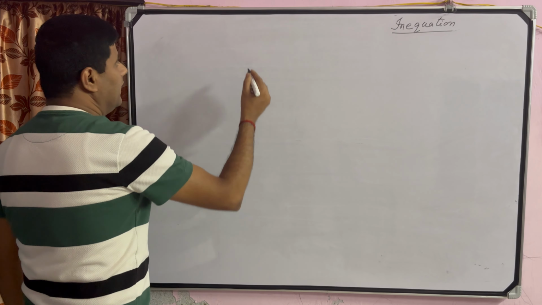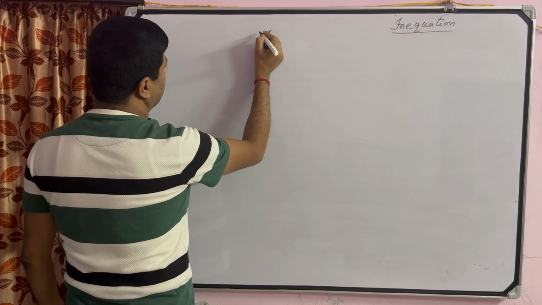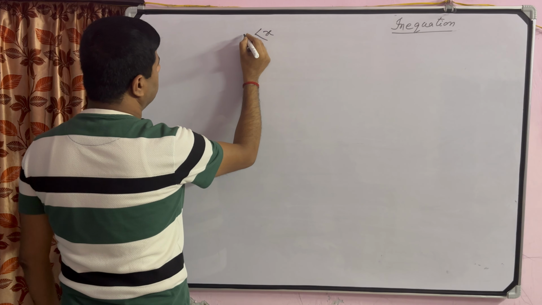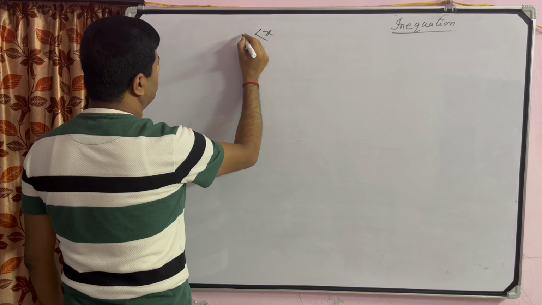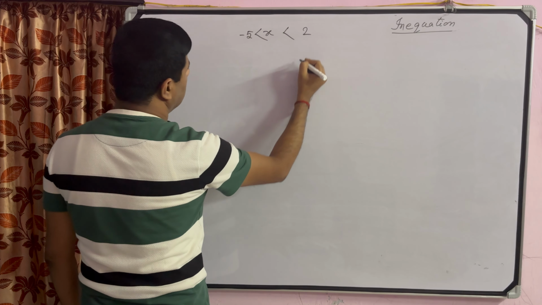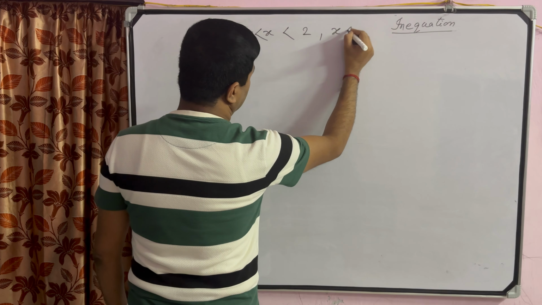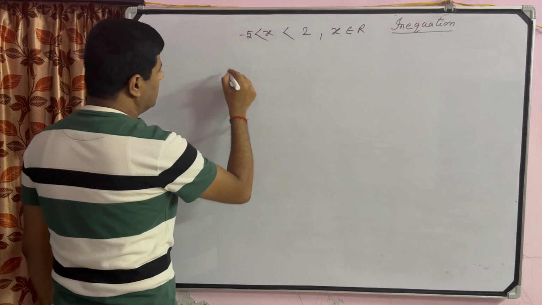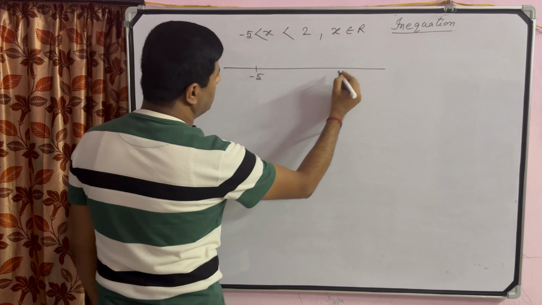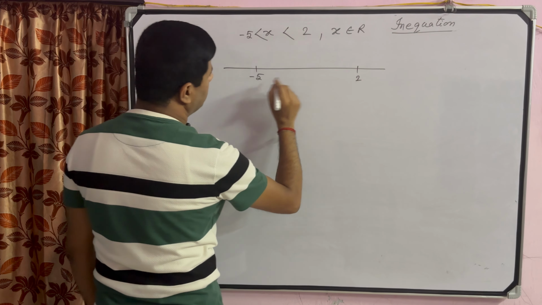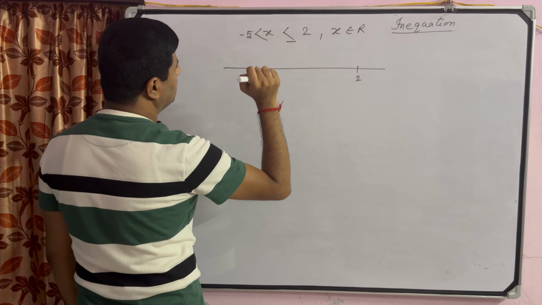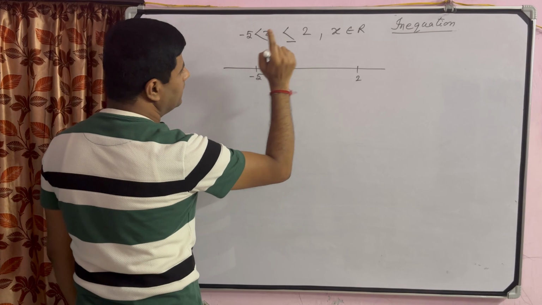Okay, one more thing. In some books, maybe it is given like this, like x is greater than -5 and lesser than, might be, 2, and x is a real number. In some books, it might be something like this. So this is -5 for say, and this is 2. In between all the numbers, you'll be writing it down. Suppose this is included and this is not included, this is not included and this is included.